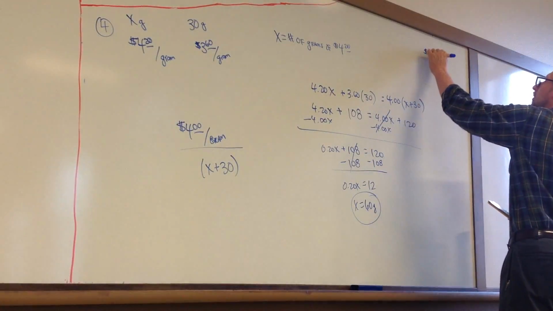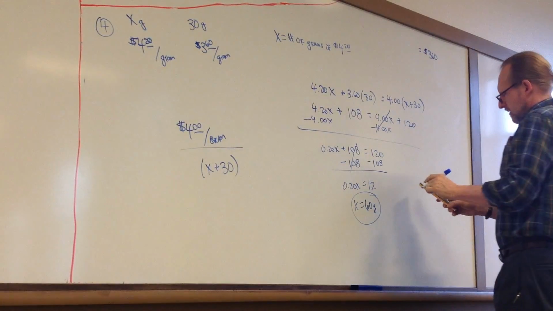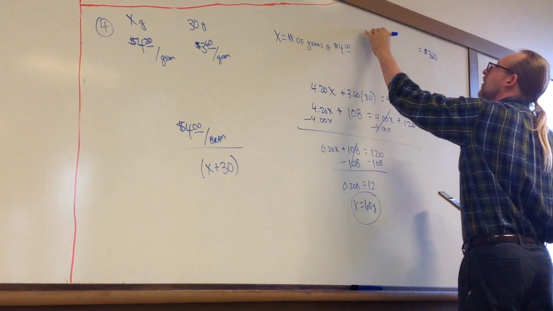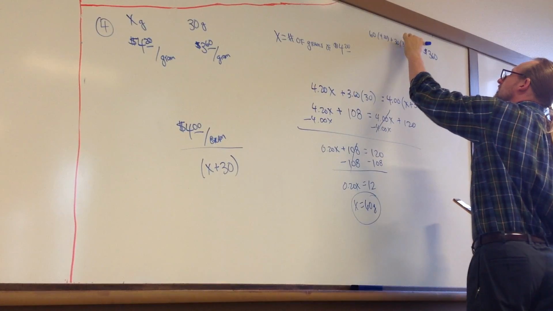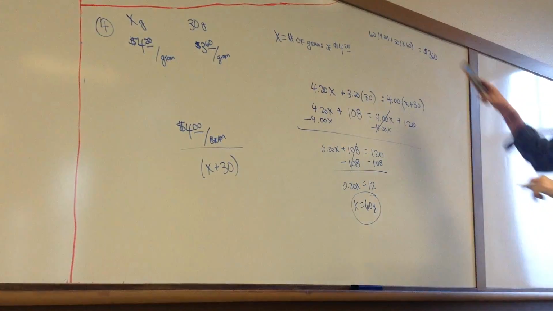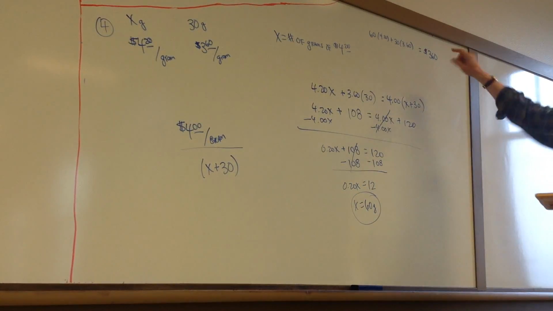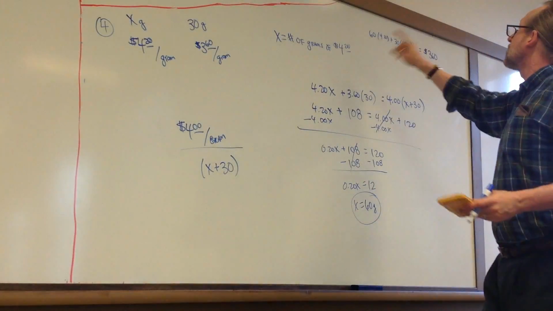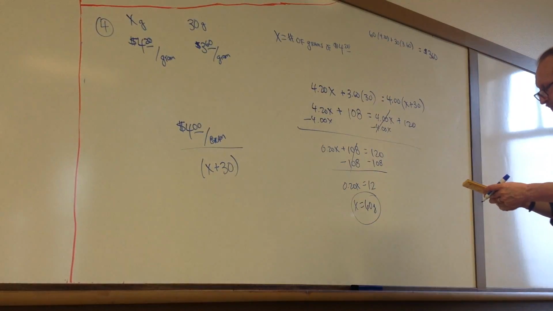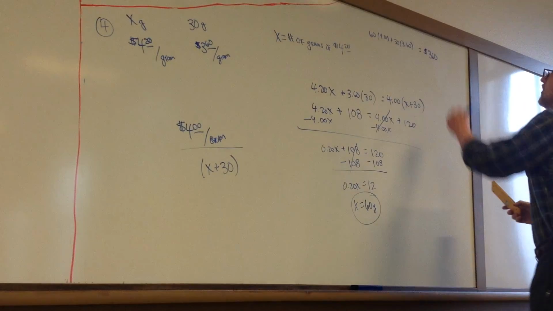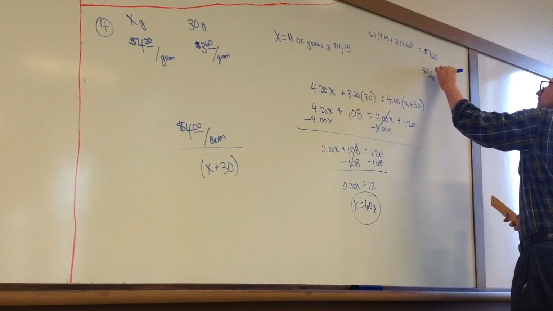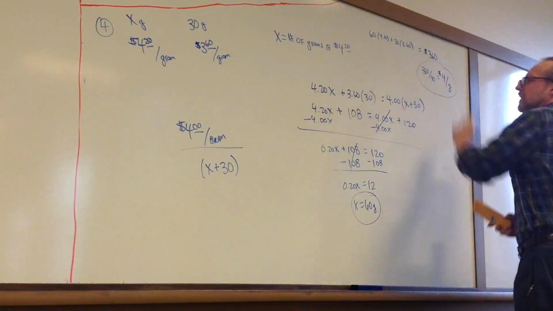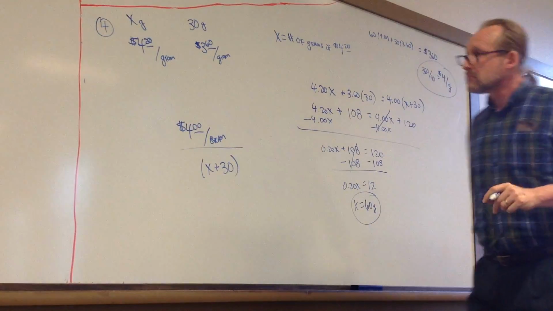All right, let's see here. 60 times 4.20 plus 30 times 3.60 gives us a total cost of $360. We've got a total of 90 grams, so if we divide that by 90, that comes out to be $4 per gram. That's what we want. Okay.